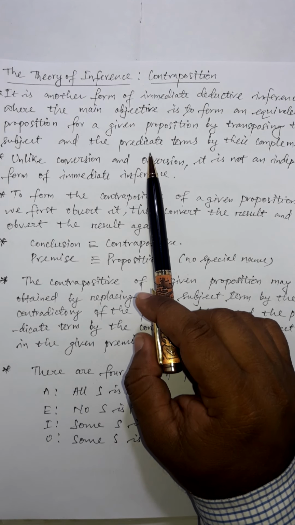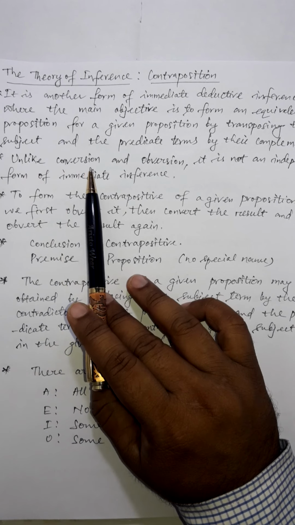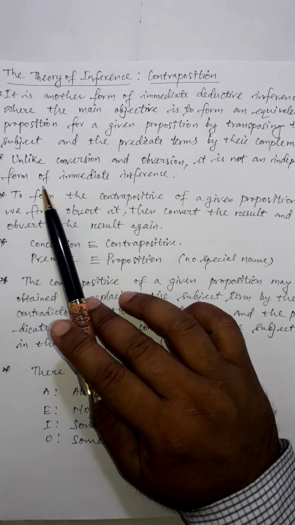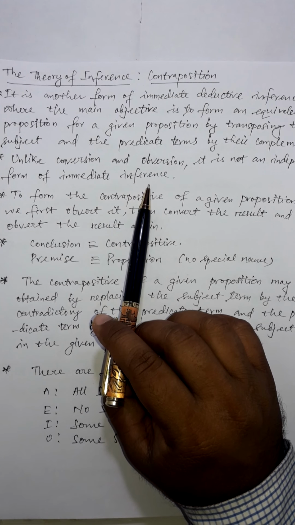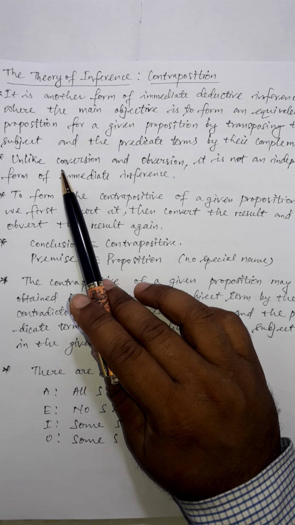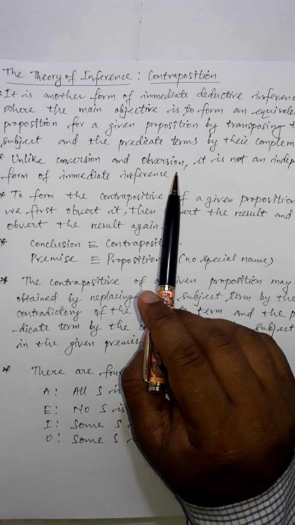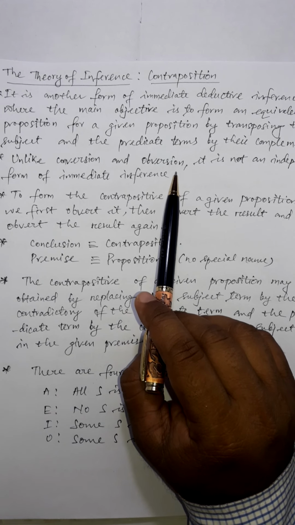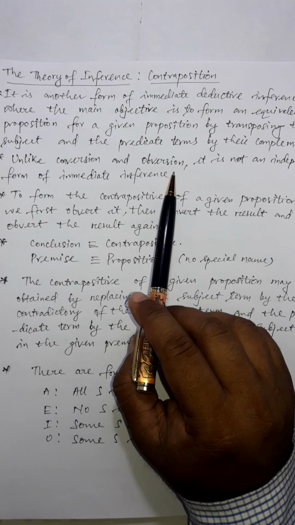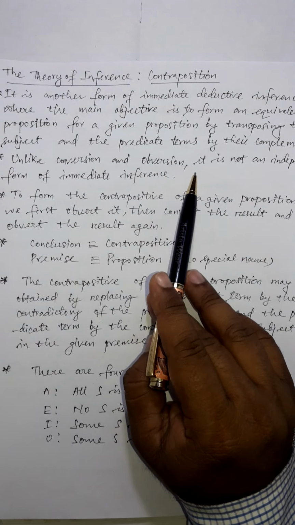And what are those experiments? We'll discuss gradually. Now, unlike conversion and obversion, it is not an independent form of immediate inference. It's not that we make some changes and get the conclusion directly.